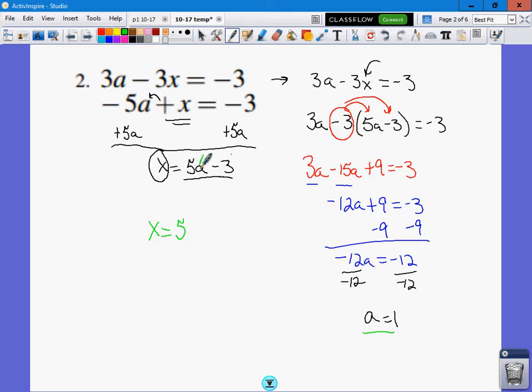So where this a is, I can now replace it with 1. Obviously, 5 times 1 is 5. Minus 3 is 2. If I were to write this as an ordered pair, ordered pairs are written alphabetically, so this would be the ordered pair 1, 2.